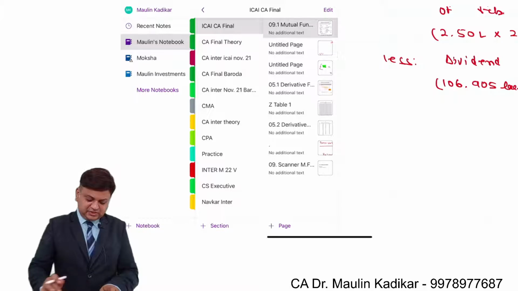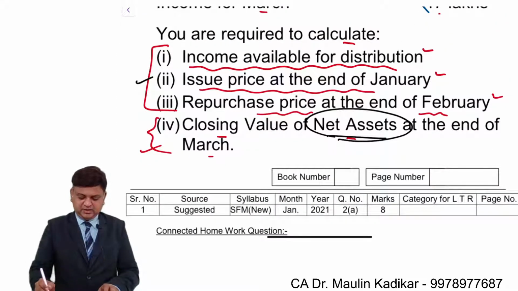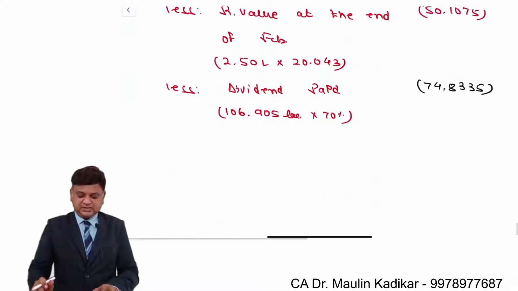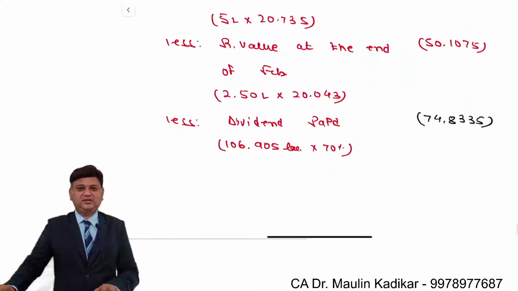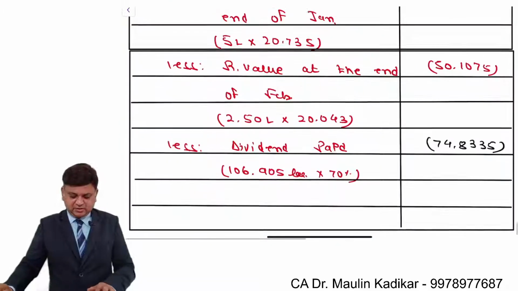And I think that the question speaks that you are required to compute the closing net assets only. If at all we are required to compute that on the per unit basis, it will be simply divided with 302.5 lakhs. This is the way we are required to do answer. Please take down answer. So this is the way the net asset is calculated.